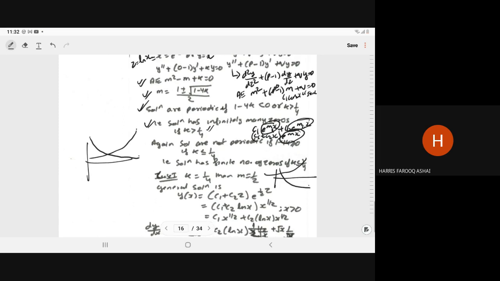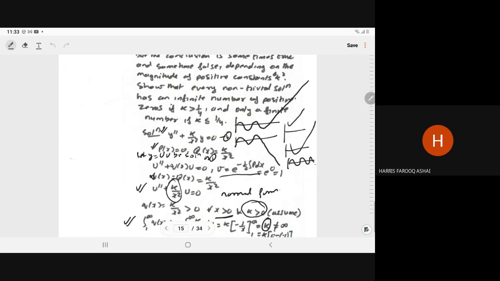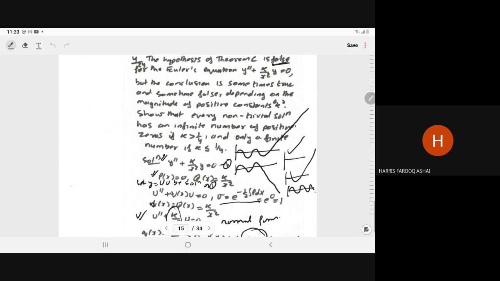So in this case, again, the solutions are not periodic if 1 minus 4k is greater than or equal to 0, that is, if k is less than or equal to 1 by 4, and the solution has a finite number of zeros. So that was the question. In the question, the hypothesis of the theorem is false: we have seen the integral of q(x) from 1 to infinity is not infinity for the Euler's equation, but the conclusion is sometimes true.